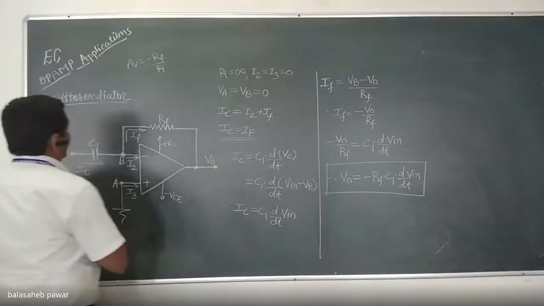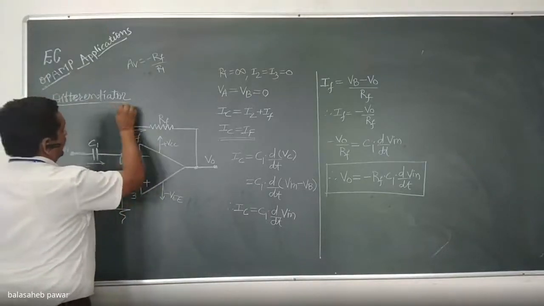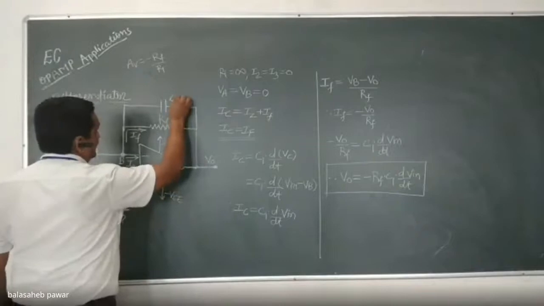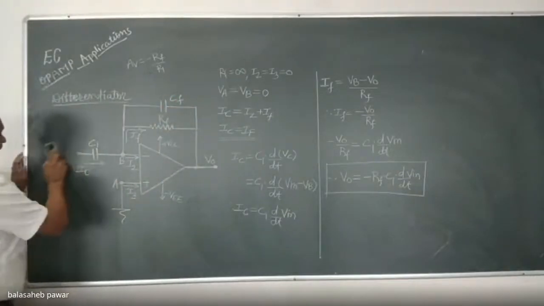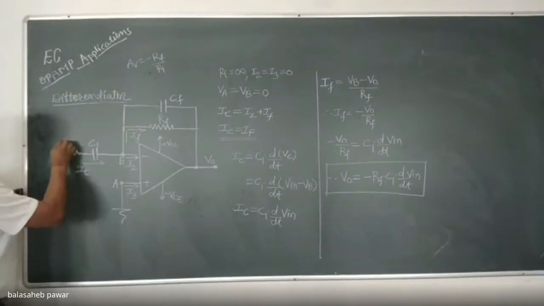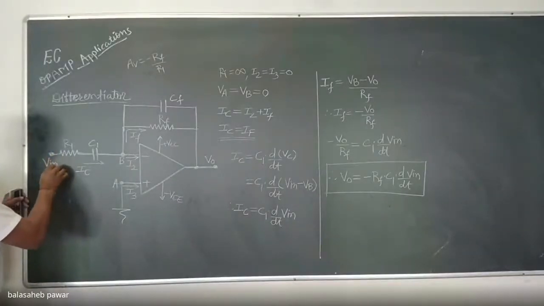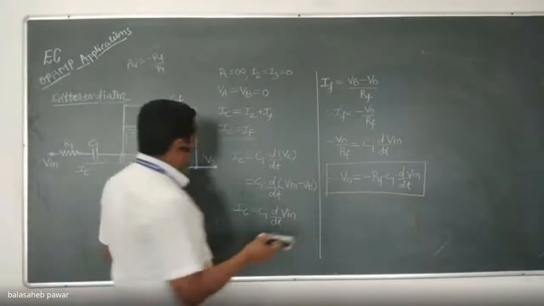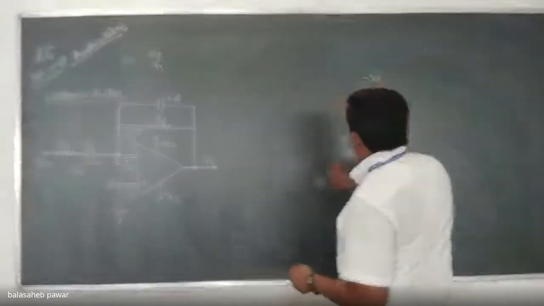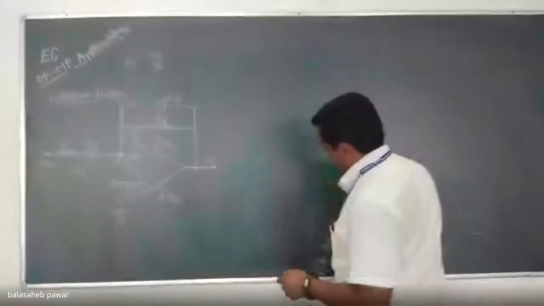Across the feedback resistor, connect one capacitor, the feedback capacitor CF, and in series with C1, connect one series resistor, call it R1, and then apply the input. Now this circuitry provides stability against variation in input signal frequency. I will explain how it does so now.